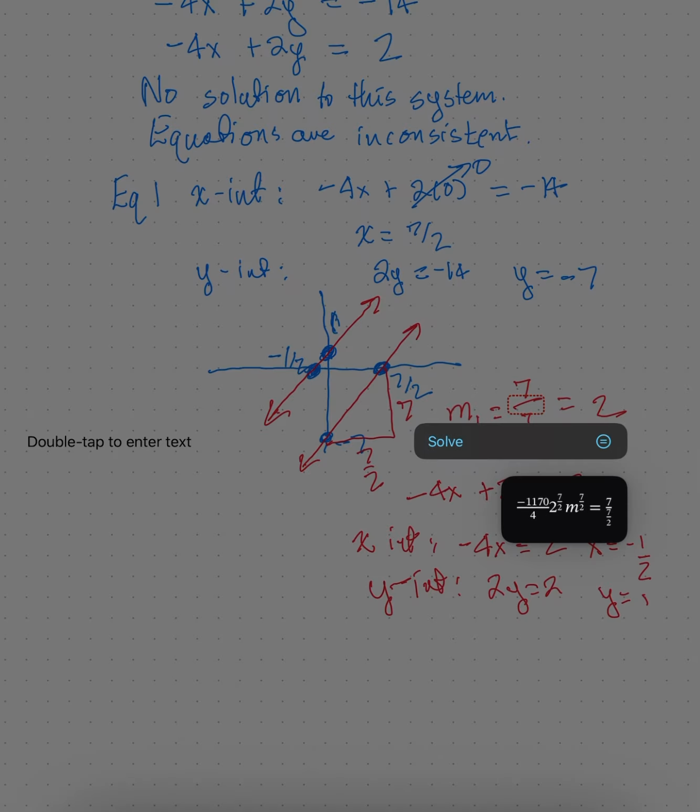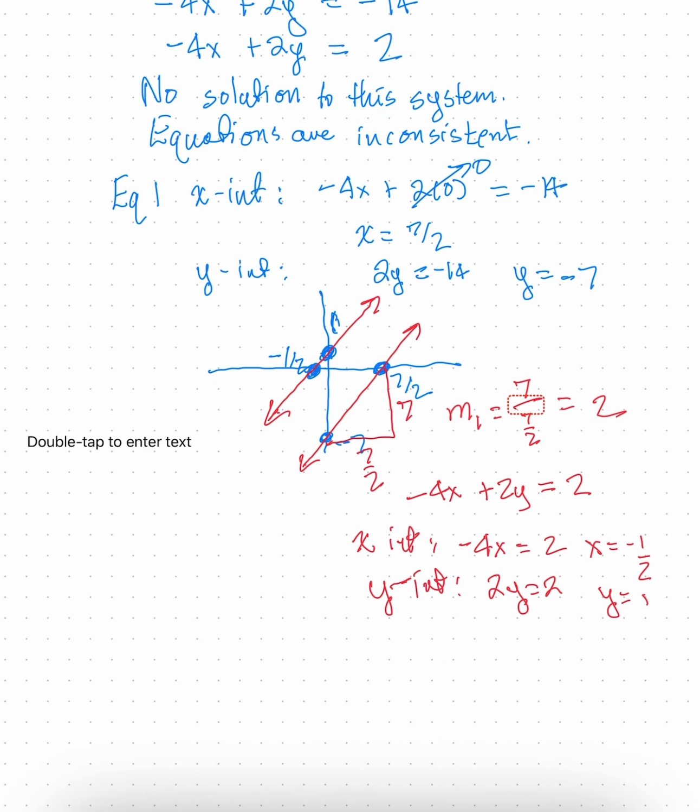And then when we come over to this line, we go to the right by 1/2, and the line goes up by 1. So the slope of the second line is 1, which is the rise, divided by 1/2, which is the run, and that's going to give me a slope of 2. So if you take a look at these 2 lines, you can see, hey, they have the same slope. They have different y-intercepts.